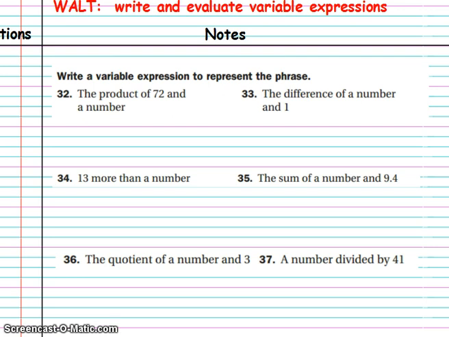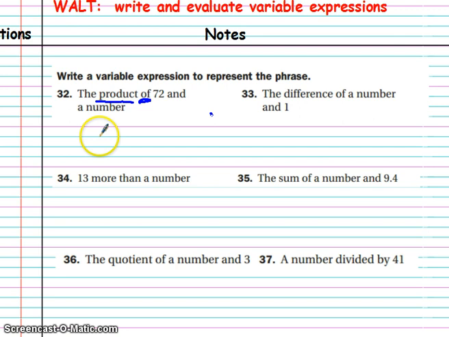What we're doing in this part of the lesson is we're trying to write variable expressions from words. So we're converting words into an expression that we can use to solve a problem. So let's look at number 32 first, the product of 72 and a number. Product, if we remember from the lesson today, means to multiply. And you can see that also, of is a telltale sign that we're going to multiply something.